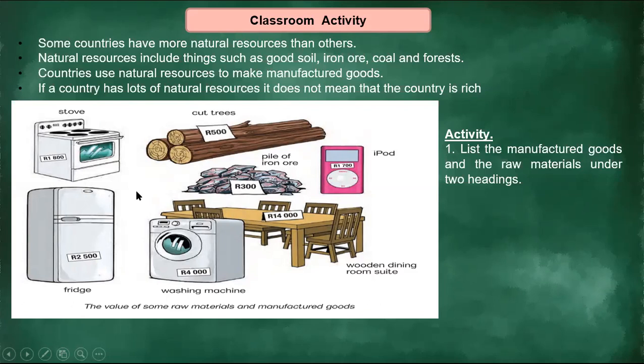No. The wooden dining room suite, it's not part of the raw materials. Because it's manufactured. It is made from the what? Manufactured goods. Yes, it is a manufactured good from the trees, from wood.